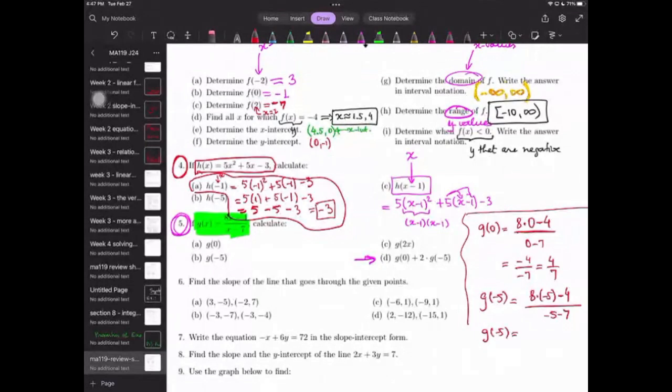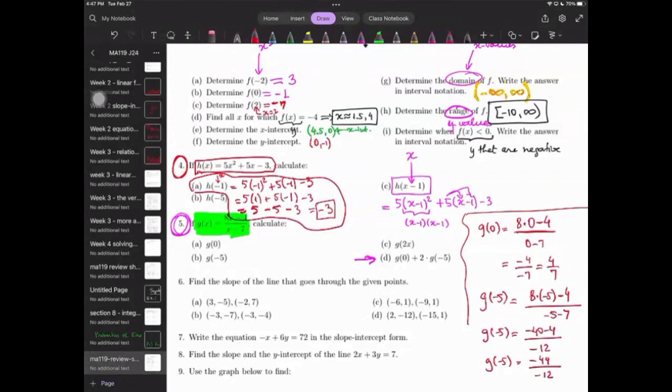So g of negative 5 is, now 8 times negative 5 is negative 40 minus 4. And then we're going to divide it by negative 5 minus 7, so that's negative 12. So g of negative 5 is negative 44 divided by negative 12.